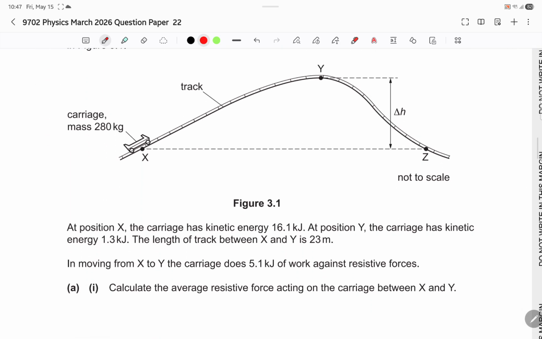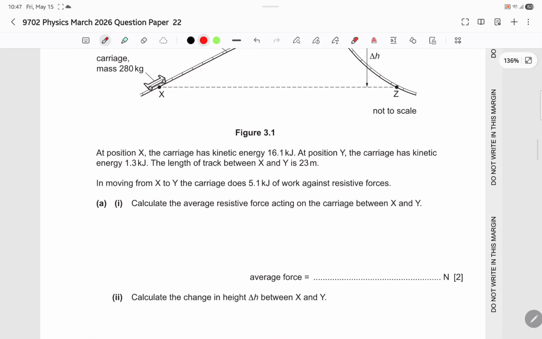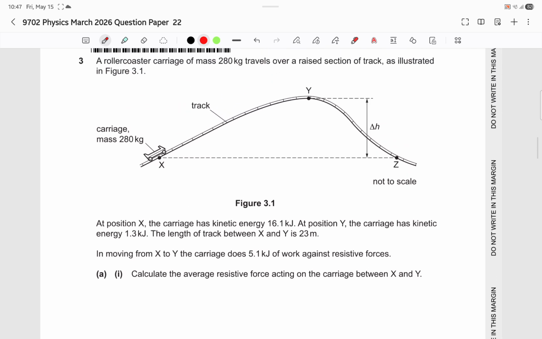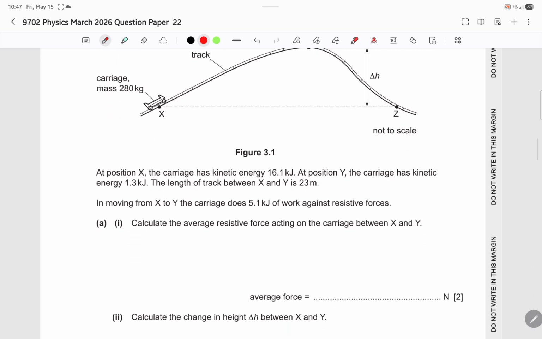Alright. Moving on, I think this is another force question. A roller coaster carriage of mass 280 kg travels over a raised section of track. This is the carriage, it's going up and down. At position X, the carriage has this kinetic energy, in kilojoules. At position Y, the carriage has a kinetic energy of this.